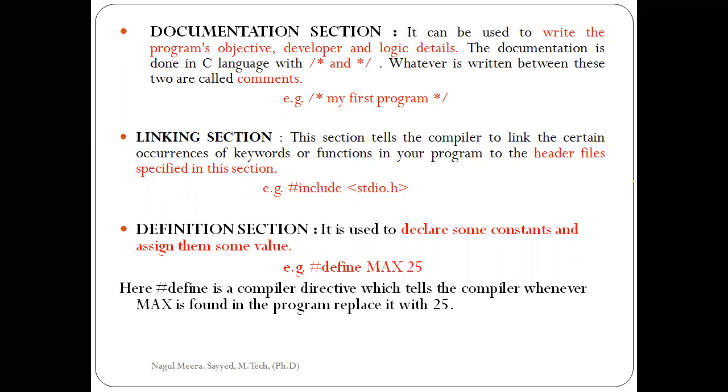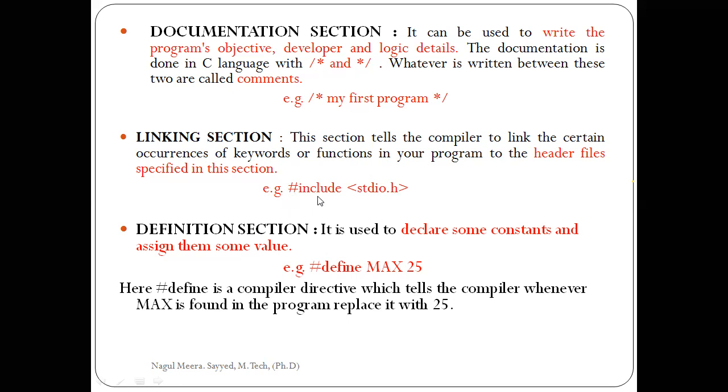Now an example of how this section is implemented: hash include stdio.h. Every C program must consist of this linking section, that is, hash include stdio.h. We must write this syntax. Hash include means we must include it. stdio stands for standard IO, and .h means header file.